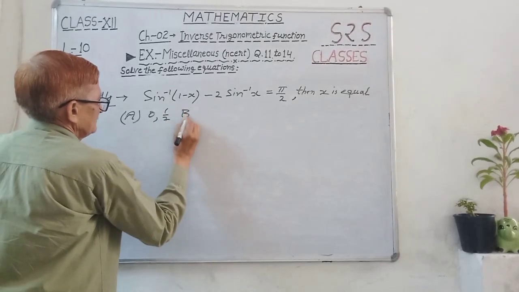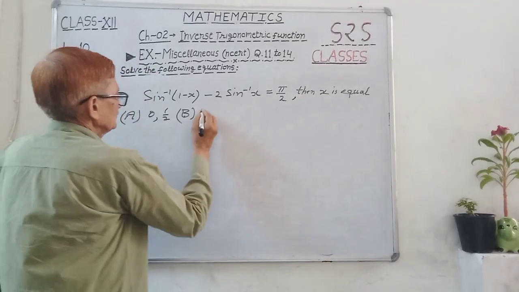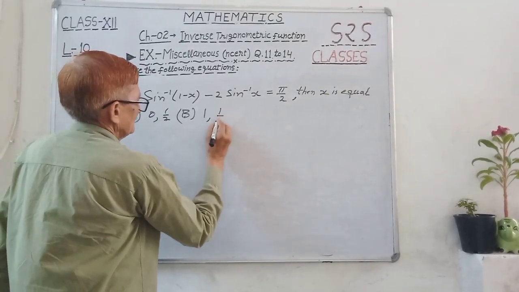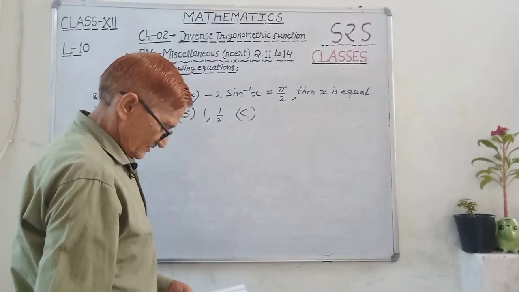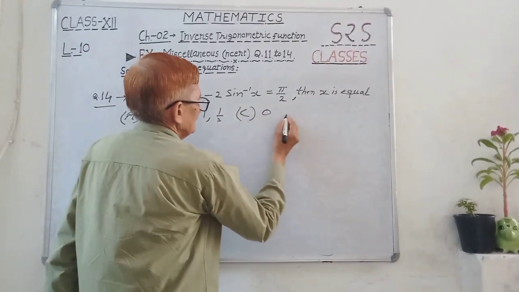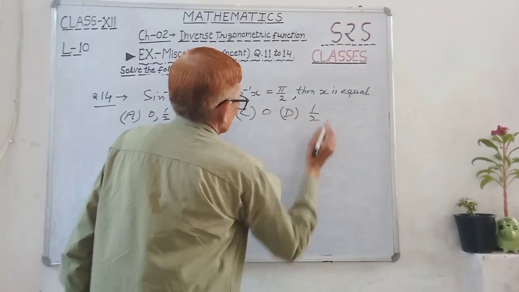B option, 1, comma, 1 by 2. C option, 0 only. D option, only 1 by 2.